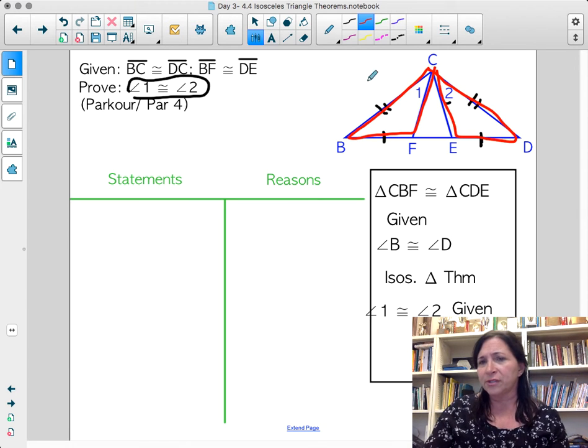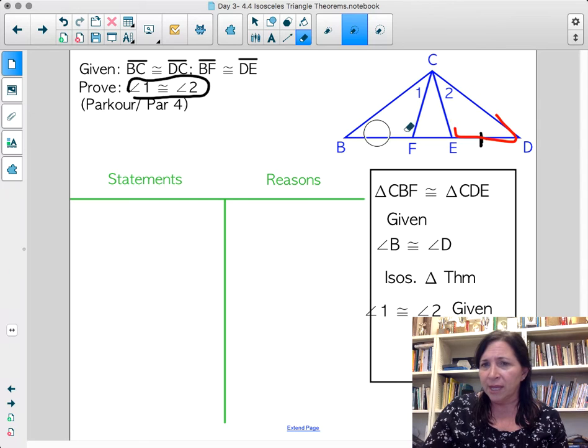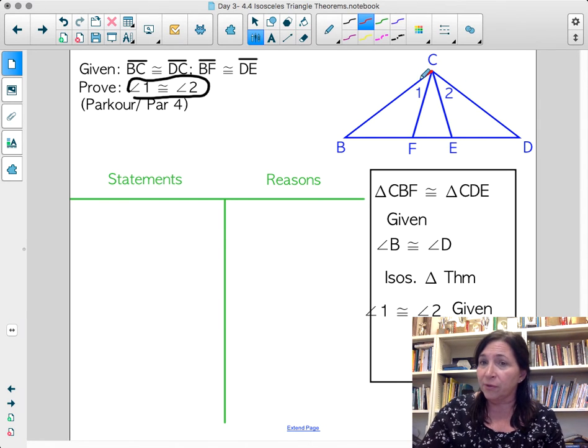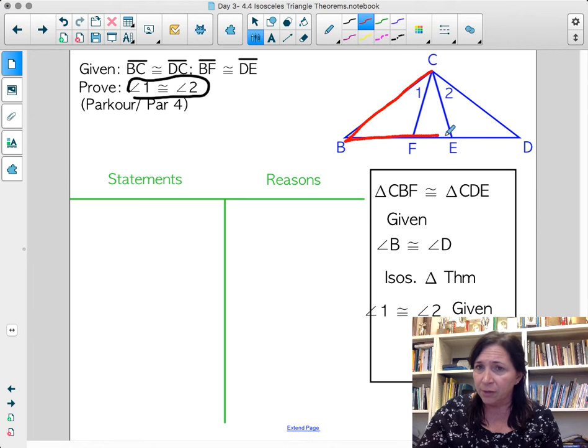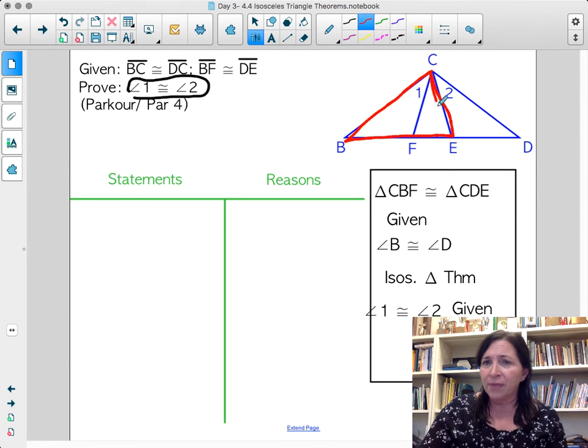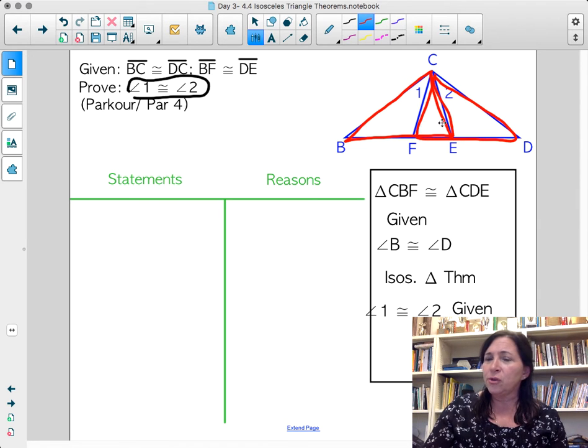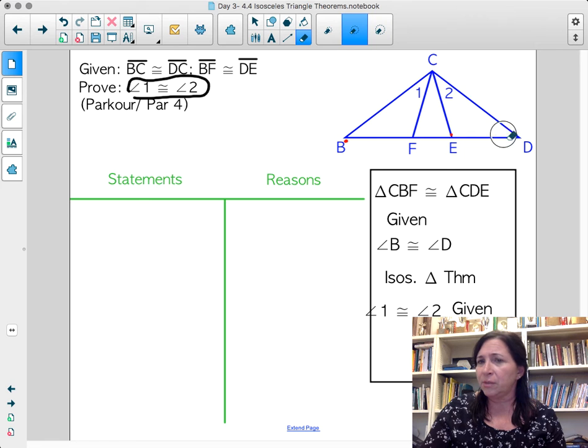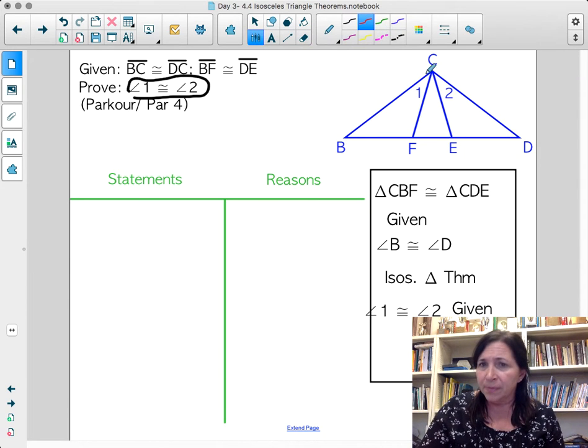I do want to stress the fact that there are other triangles in my picture, and even though I'm not using them for this one, I do want you to be aware that they exist, and that I could use them in a different proof.